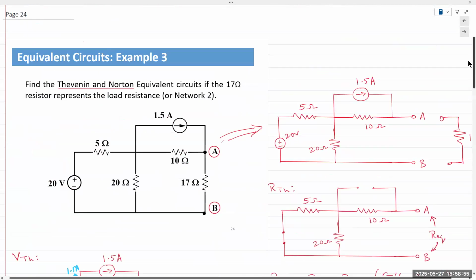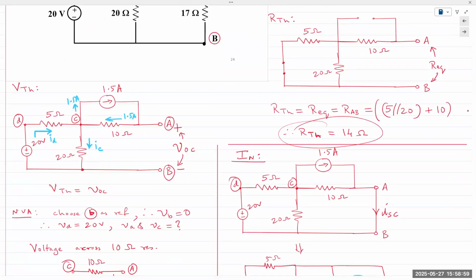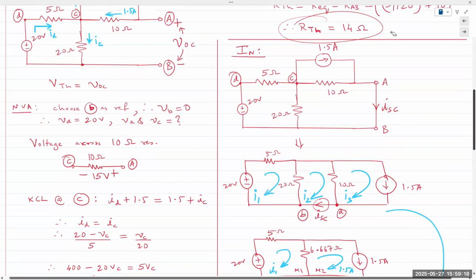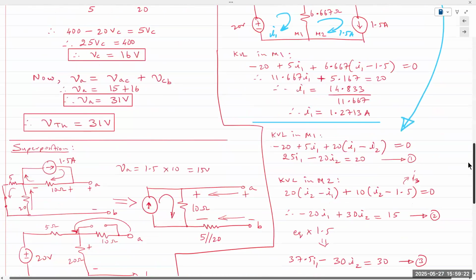Because 2.21 times my RTH of 14 ohms is approximately equal to 30.94 volts, which is our Thevenin voltage of 31 volts. Okay. So the equations we obtained were correct, but the manual solution I was trying at the end is incorrect. So I just need to look at that. Matrix, determinants, or Cramer's rule will be faster, easier, and less messy.